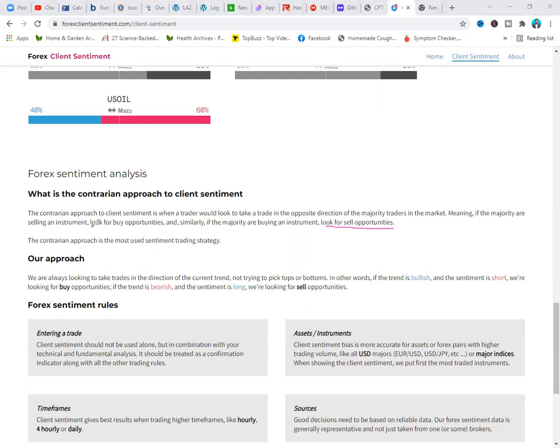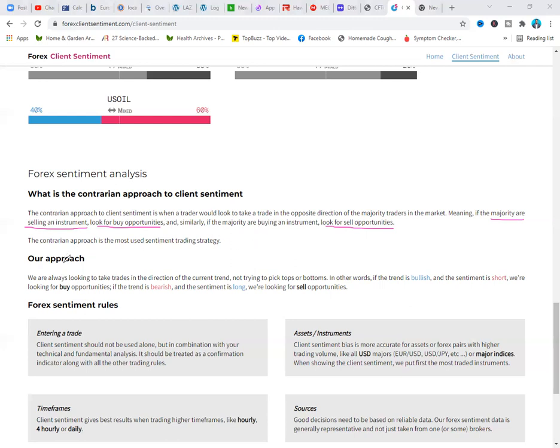And they are saying that if the majority are selling, look for buy opportunities. So it means you need to have something else, another tool or another analysis somewhere, that will actually tell you that, okay, it is time for you to sell or it is time for you to buy. Is that okay? So the contrarian approach is the most used sentiment trading strategy.